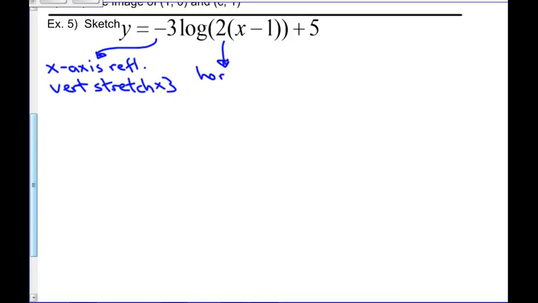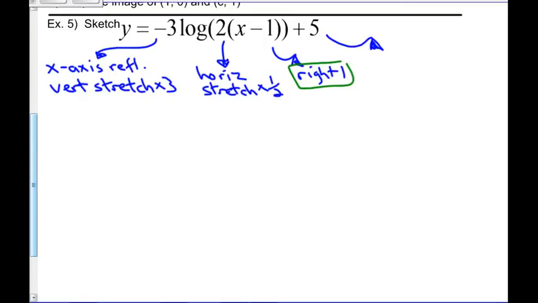This 2, that's a horizontal stretch by a factor of a half. This means right 1, and that controls the asymptote. So this might be the most important one. And finally, we're moving up 5.